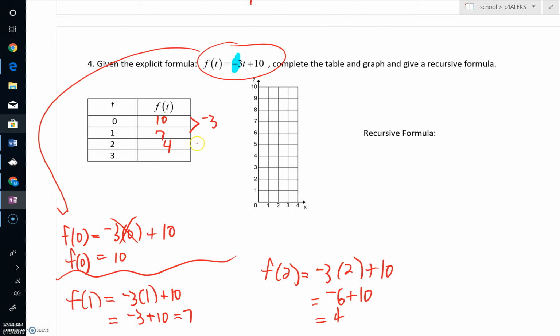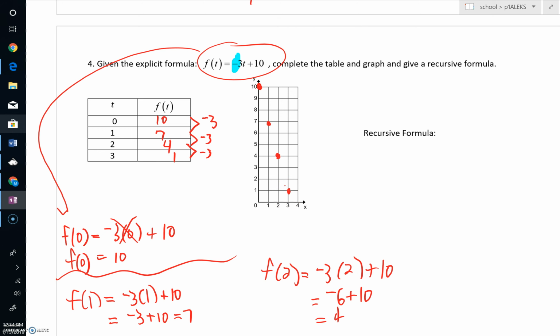That's your slope. So if you keep subtracting a 3, I think you can see very quickly you're down to a 1. You could have plugged the 3 into that formula to see that was the case. So you've got 0, 10, 1 comma 7, 2 comma 4, 3 comma 1.